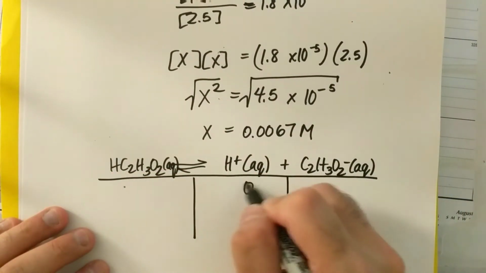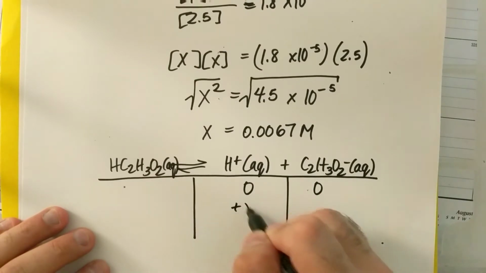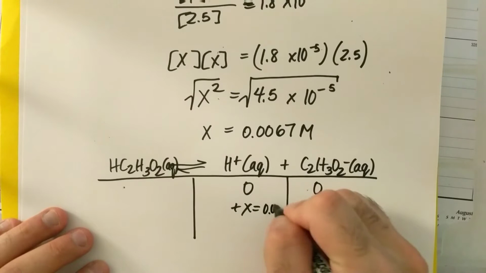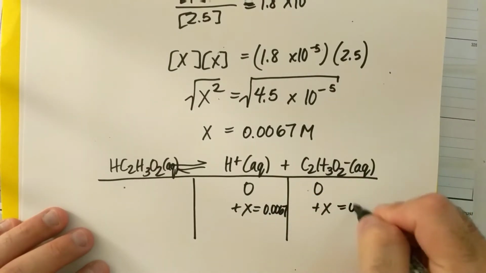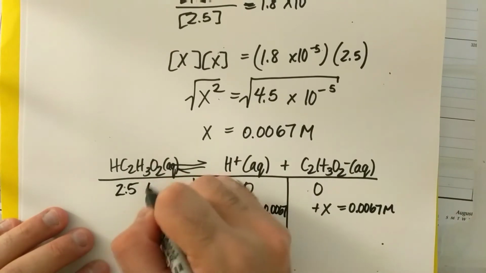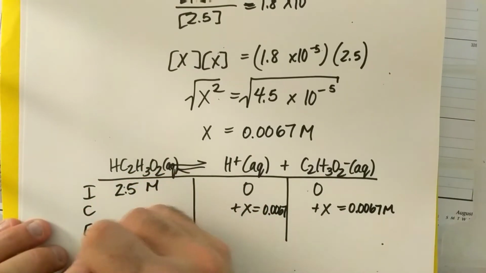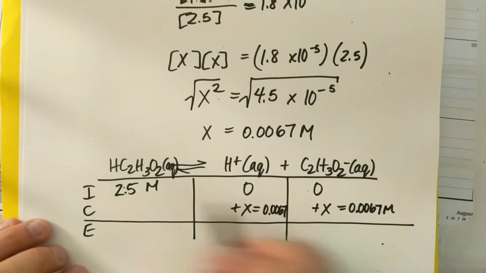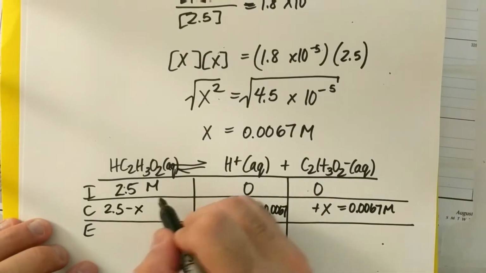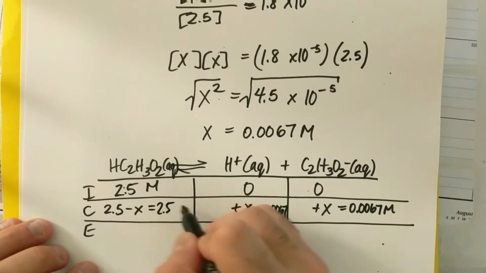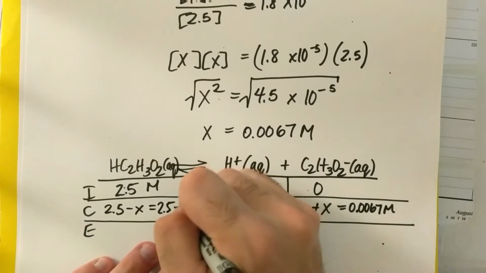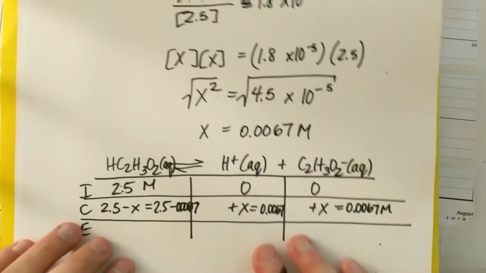I had 0, 0 plus X, and that X is now equal to 0.0067, 0.0067 molar. 2.5 molar was my initial. So at equilibrium, this becomes 2.5 minus X, which is equal to 2.5 minus 0.0067. I'm sorry, I forgot the 0. I'm just plugging my values in.